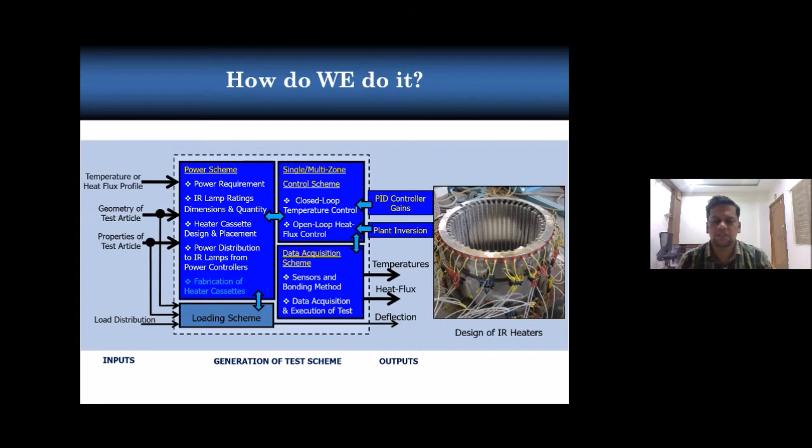After that we check the performance of the sensors and everything. Then it matters whether it is temperature control or heat flux control. If it is temperature control, we can do open loop or closed loop. If it is closed loop, we have to set PID gains along with the ratings of the heater: in what region, and what maximum power the heater should be operated at.